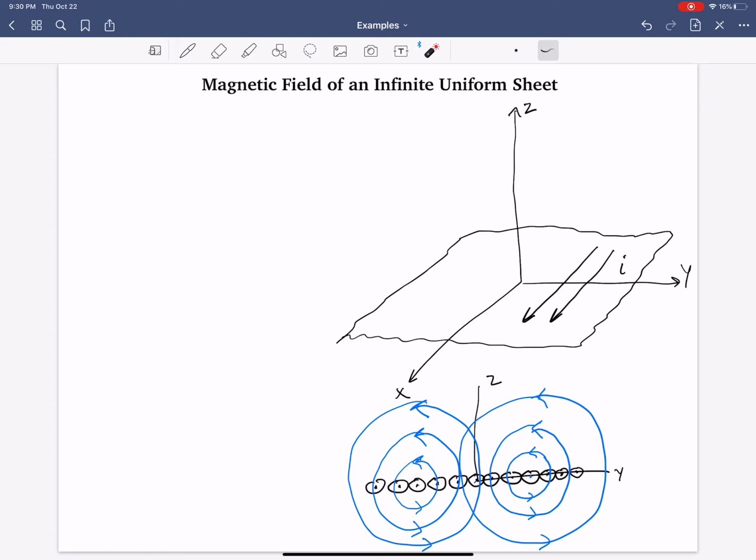For the part of the sheet on the left, the magnetic field is going up, like that. From the part of the sheet on the right, that field is going down. So right at this intersection, they cancel out. Same thing for up here.